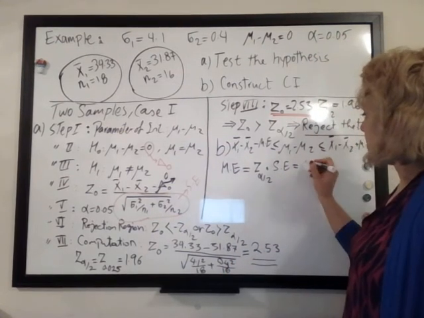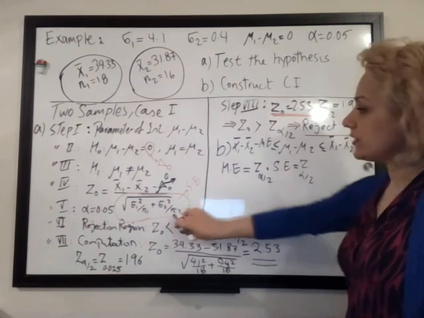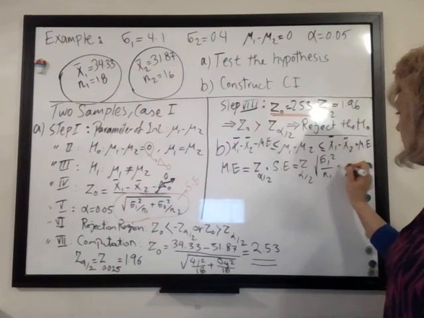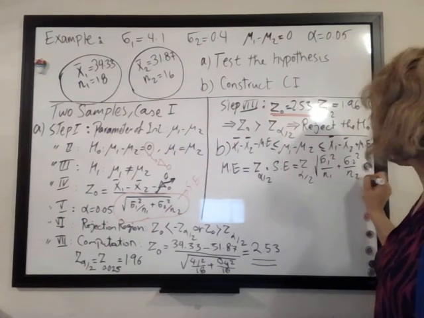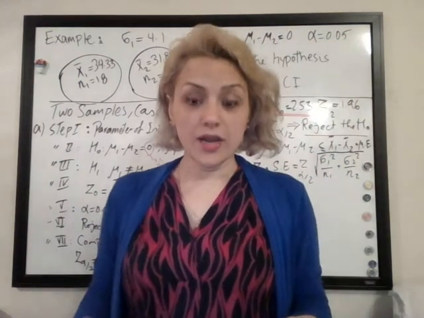So I would say it's z at half of the alpha, and then write down this equation: sigma 1 power 2 divided by n1 plus sigma 2 power 2 divided by n2. Awesome. So I have my margin of error.